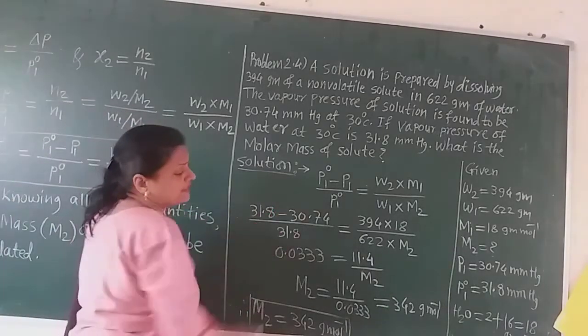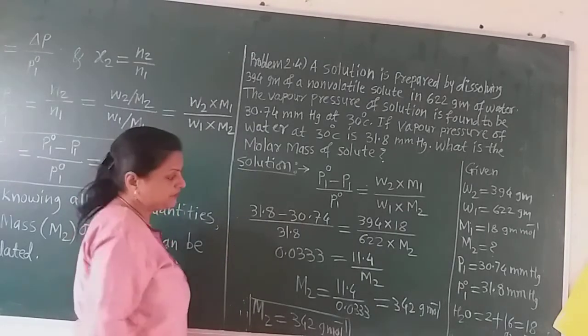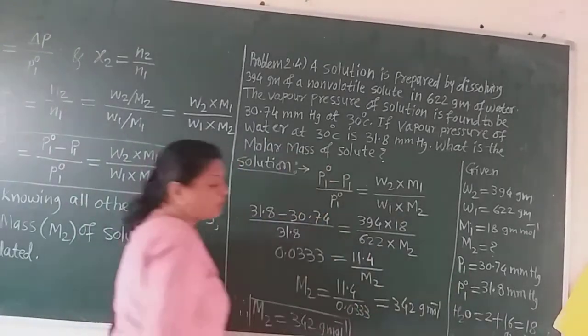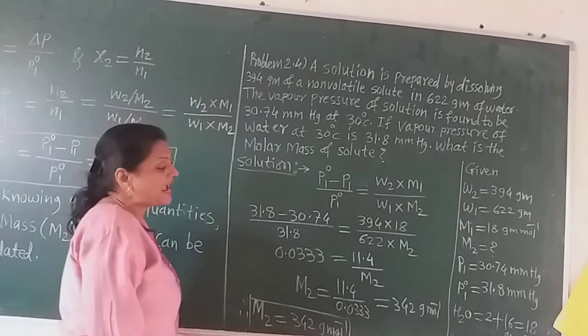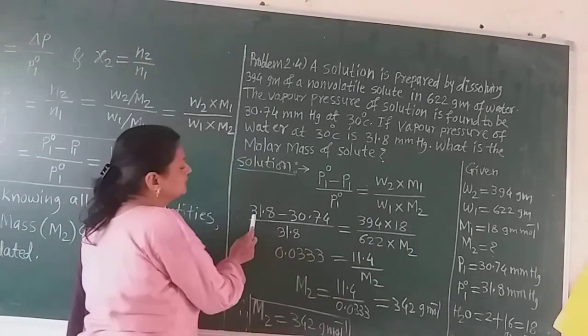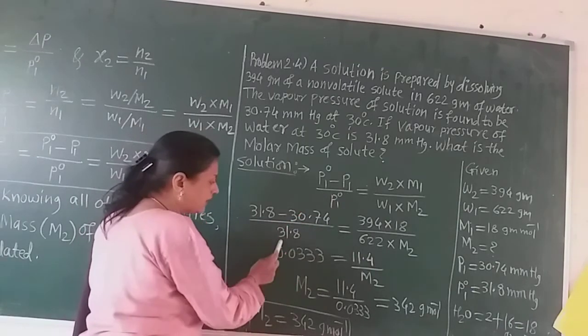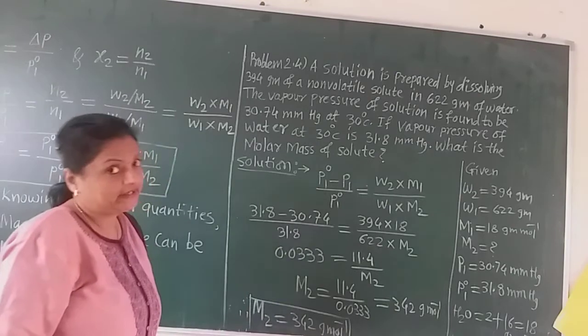Now P01 is 31.8 mm of Hg and P1 is equal to 30.74. So 31.8 minus 30.74, divided by 31.8.